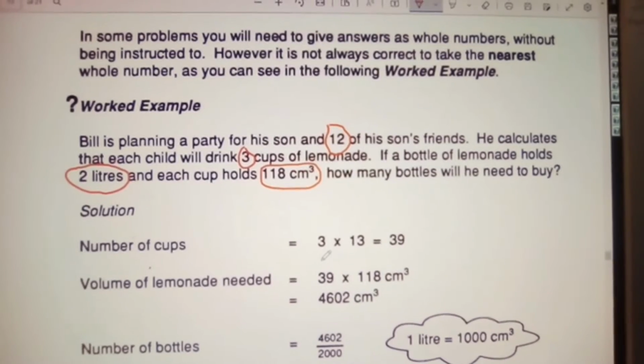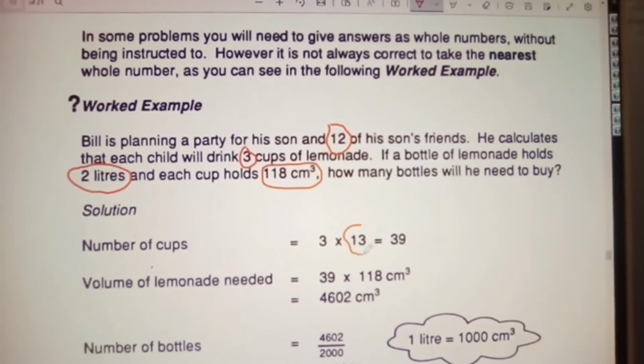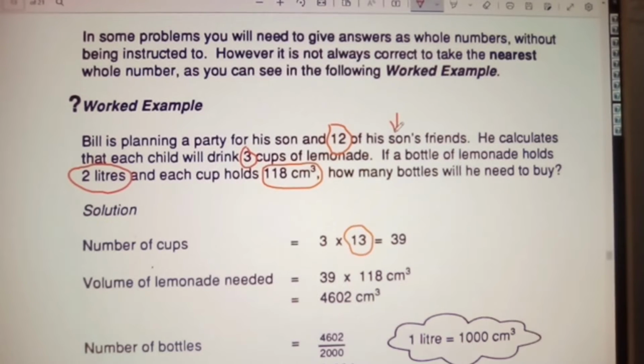So you can see that the 13 is made up of his son's friends and his son. That gives us our 13 people.